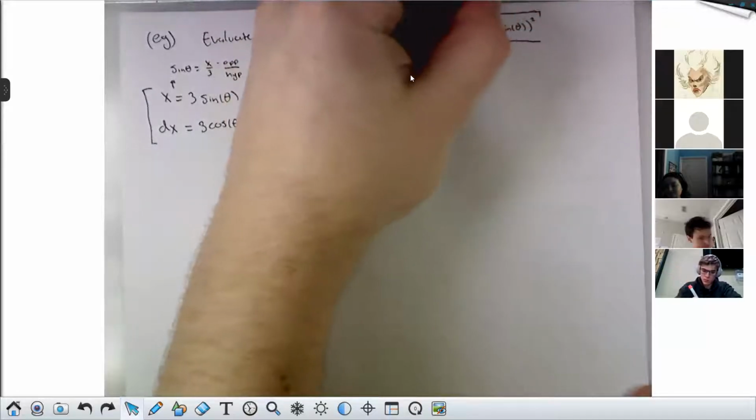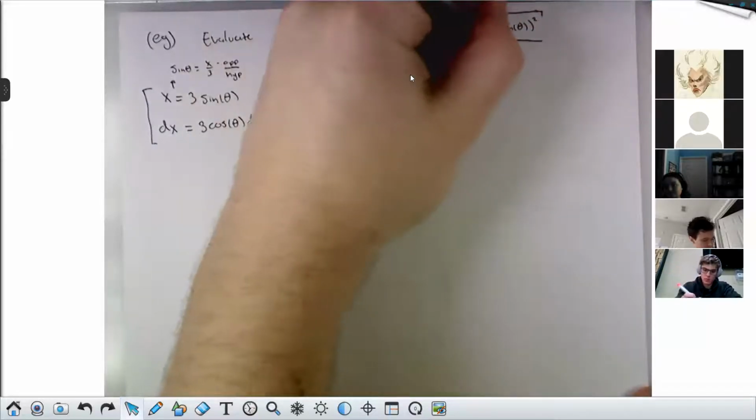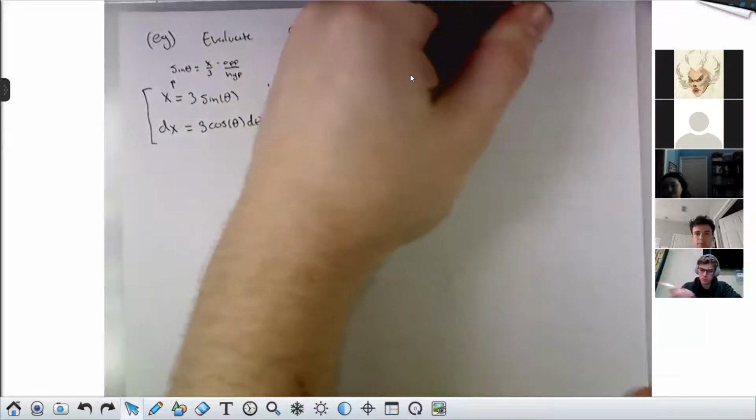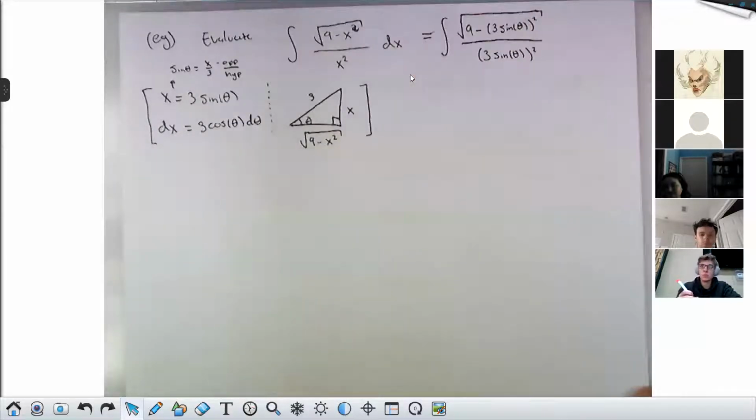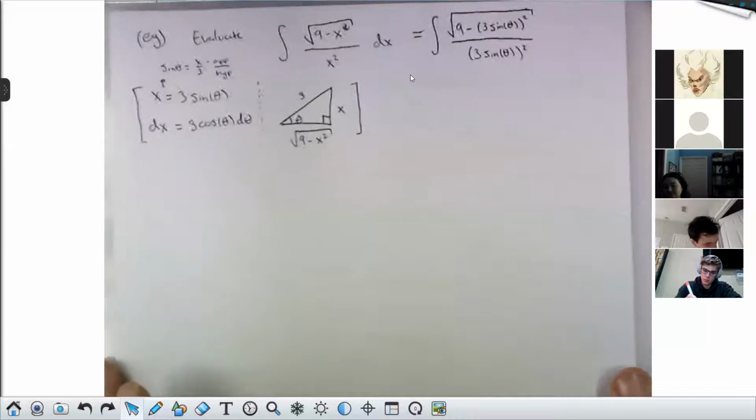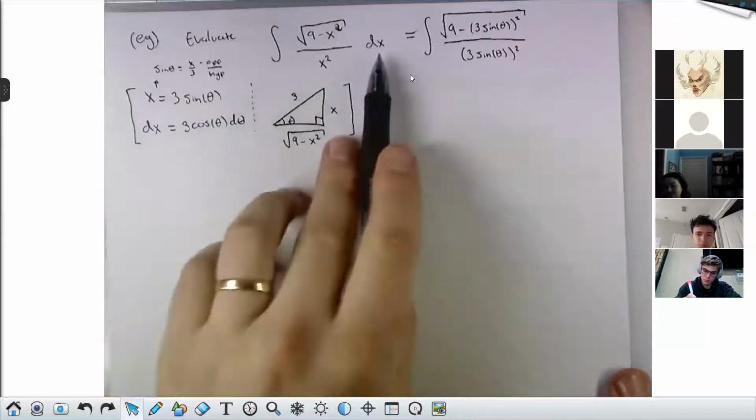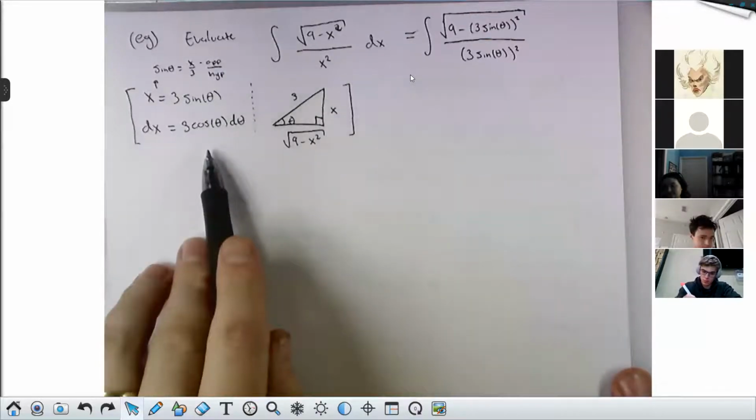Downstairs, I had an x squared. That's going to be 3 sine of theta all squared, again, because x is 3 sine theta. And then very important, we don't forget the differential. This dx at the end is 3 cos theta d theta.